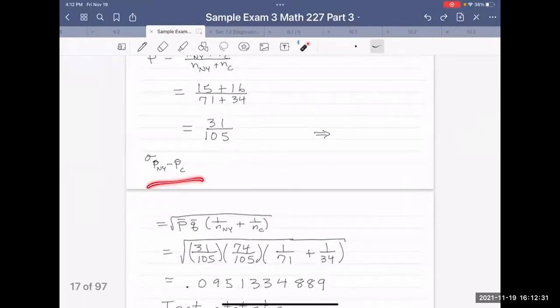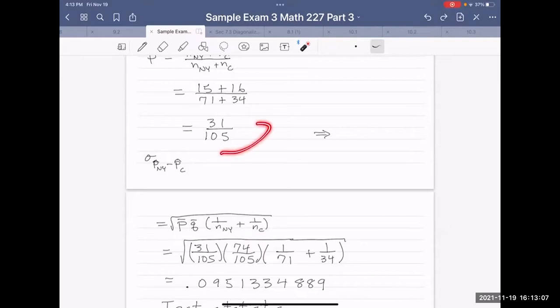Therefore, the standard deviation for a sampling distribution of the difference of two sample proportions is the square root of, again, you estimate the population proportion of successes for both New York and California by P bar, and you estimate the population proportion of failures for both by Q bar. And we'll factor out both P bar and Q bar. So it's the square root of P bar Q bar times 1 over the number of people in New York plus 1 over the number of people in California.